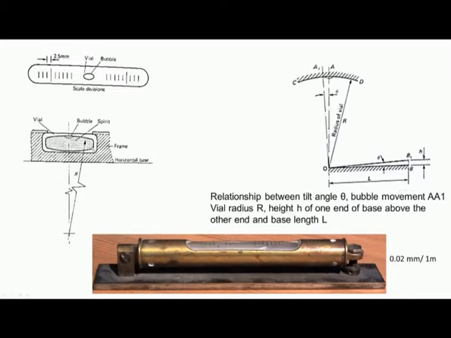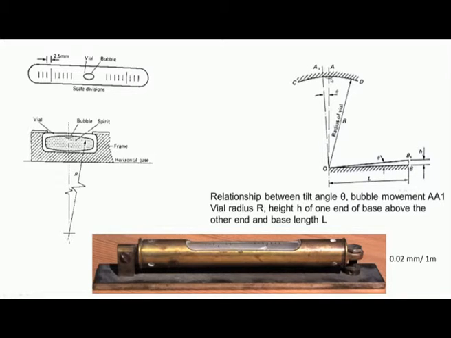This is the glass tube filled with spirit, and there is a bubble. This tube is placed in a frame, and this is the base, and this curvature is R. Now, what is the relationship between the tilt angle theta and bubble movement?